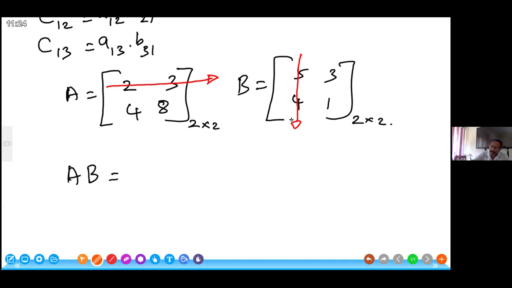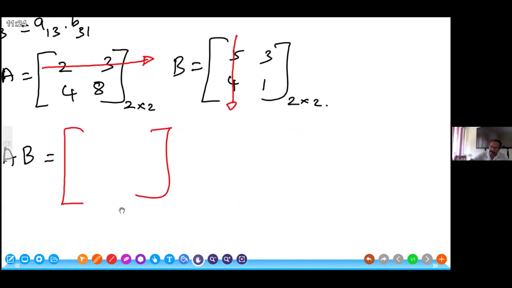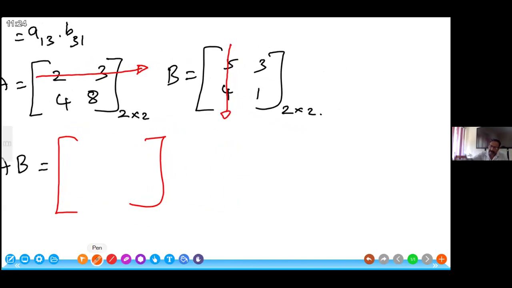I will keep some space for the multiplication. So C11 is given as 2 into 5 plus 3 into 4.